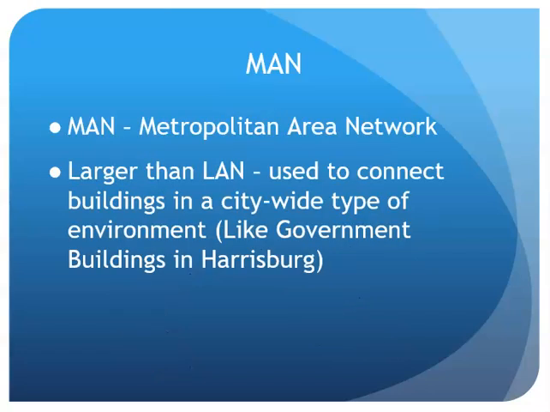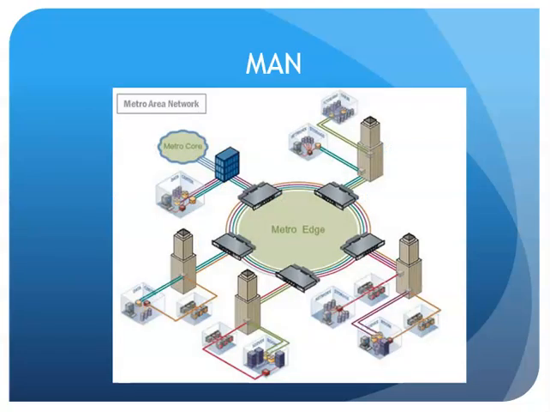A MAN is going to be a little bit larger, a metropolitan area network. This would be something maybe citywide. I like using the Harrisburg example because that is the capital of the state, so a lot of the state government buildings are in Harrisburg. Connecting those state government buildings together with a network would be a metropolitan area network.